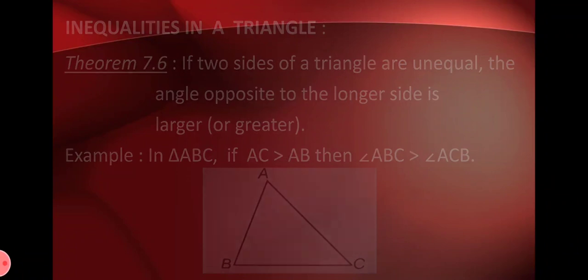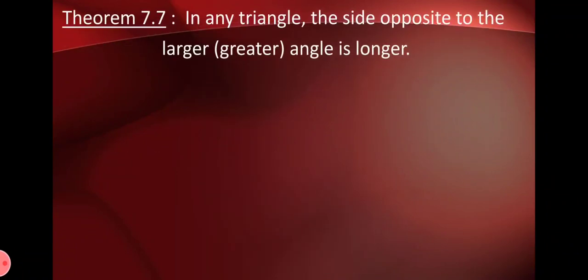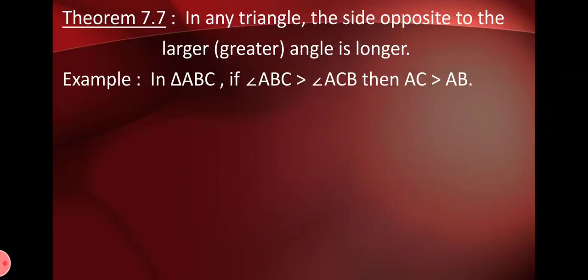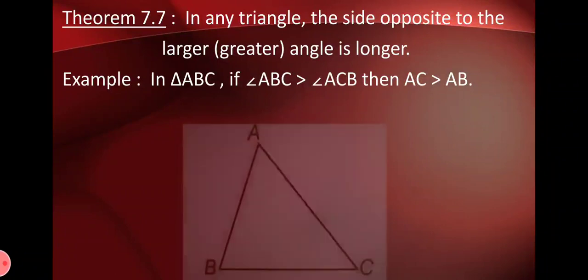Next inequality, that is theorem 7.7. It is the converse of theorem 7.6, that is, in any triangle, the side opposite to the larger or greater angle is longer. For example, in triangle ABC, if angle ABC is greater than angle ACB, then AC is greater than AB.